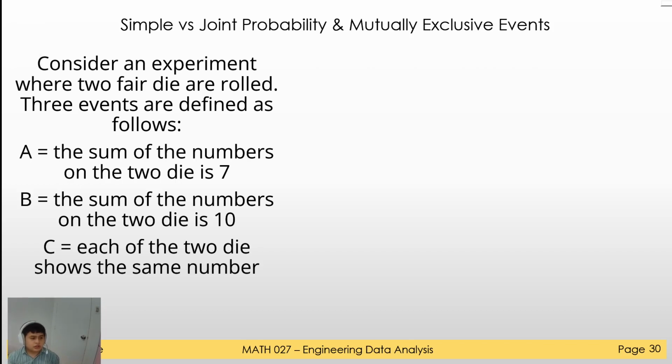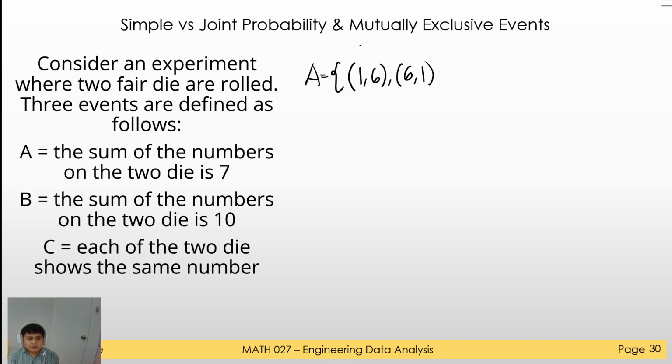For event A, what are the cases here? What are the numbers that could be a part of this? We can have 1 and 6, so one die gets 1 and the other die gets 6, or it could be vice versa, 6 and 1.